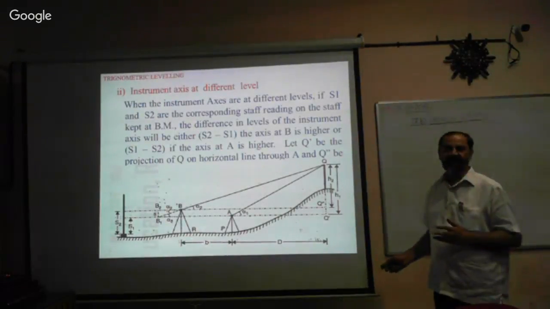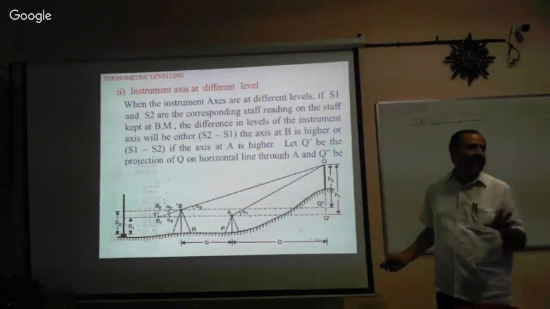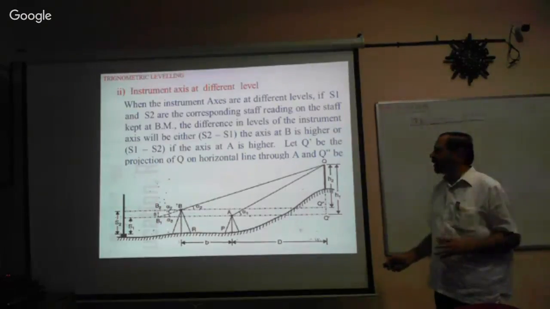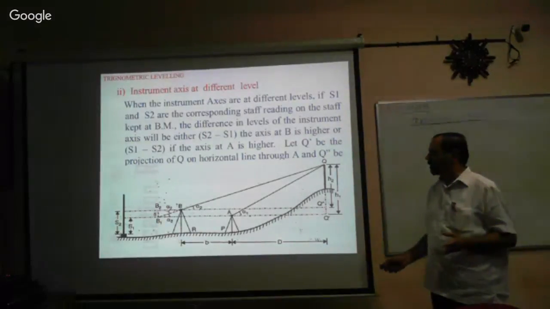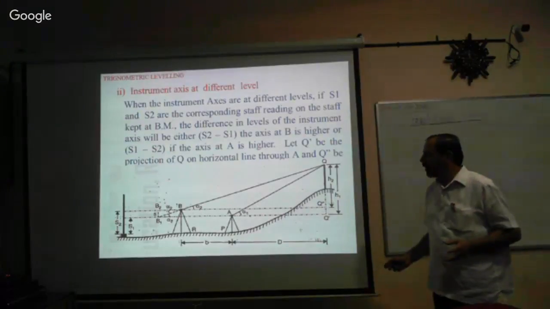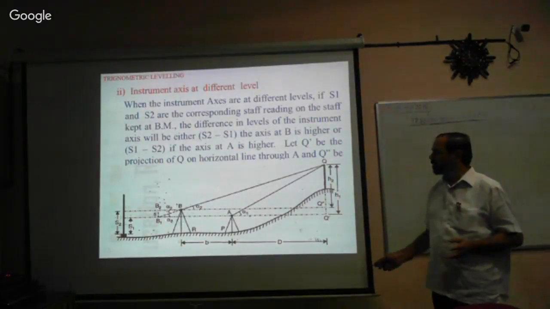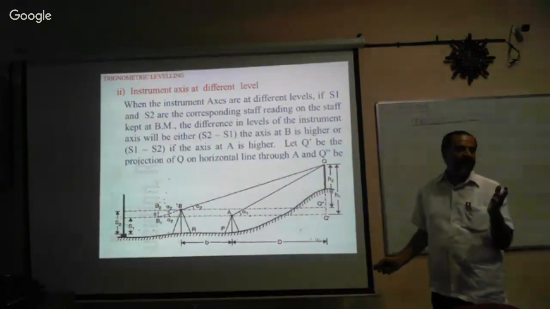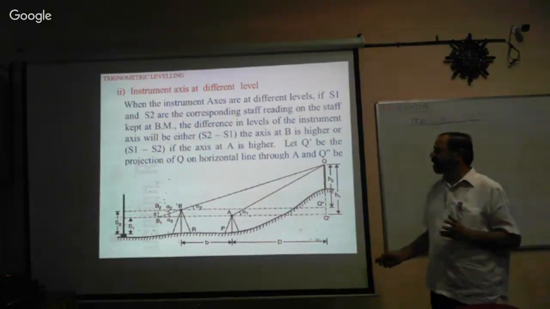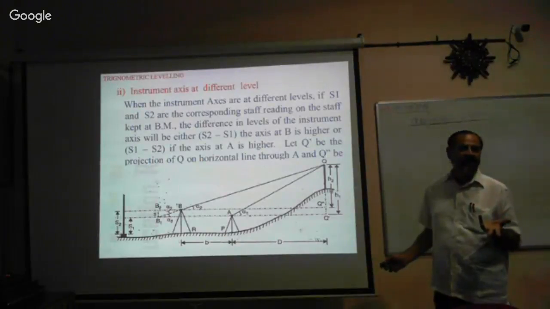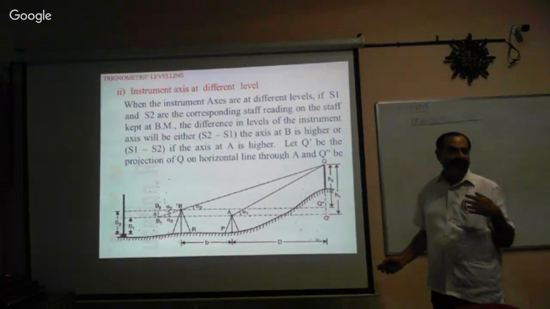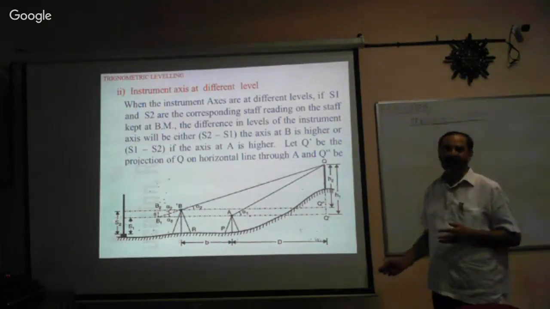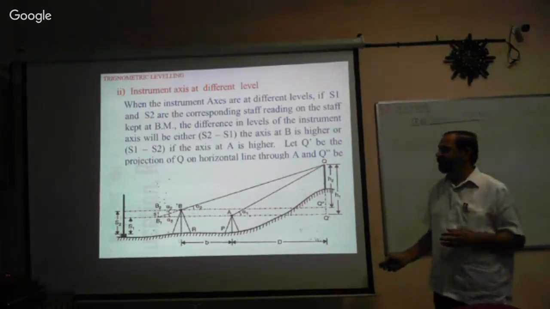This B may be 30 meters, maybe 40 meters, or whatever you want, according to the space available near where you are doing the experiment. So move the instrument station to the second point, then install the instrument, make the necessary temporary adjustments, then make the line of sight horizontal, then note down the staff reading on the benchmark.